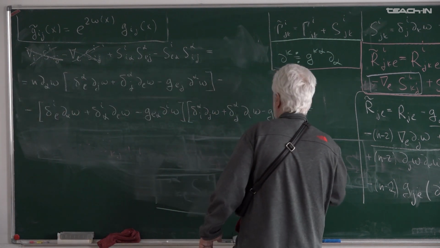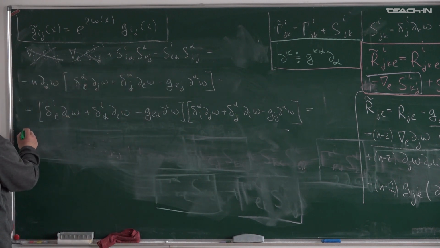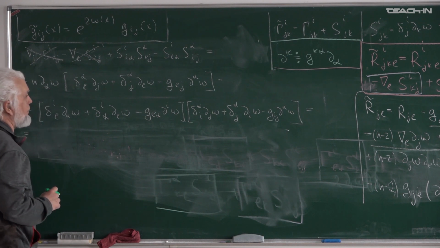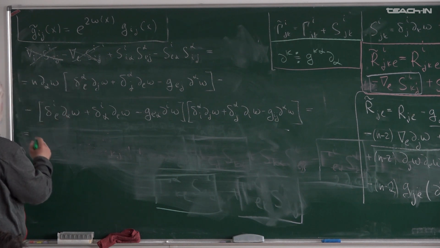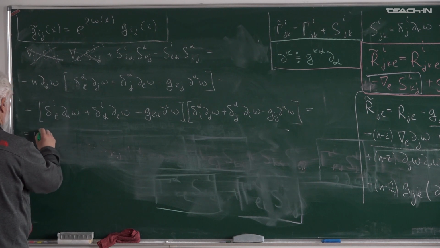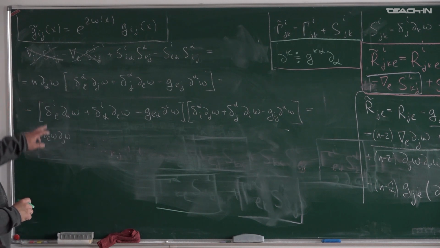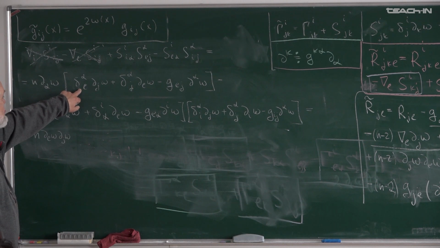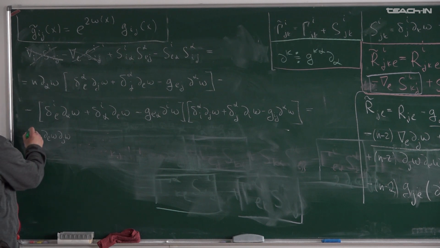Okay. Let's calculate. First term, it will be delta alpha, n. You agree? You understand the first term? To n.